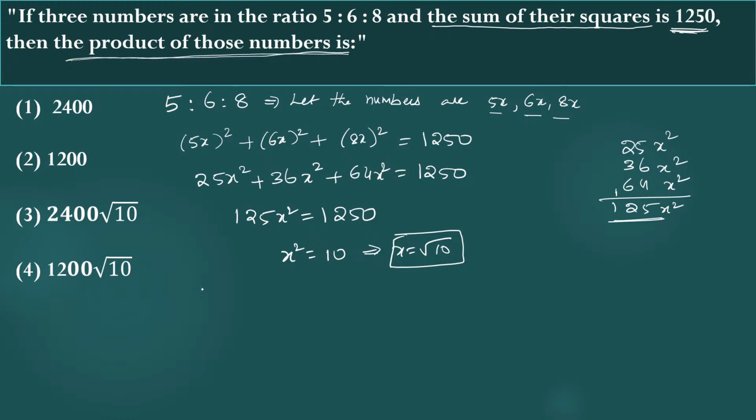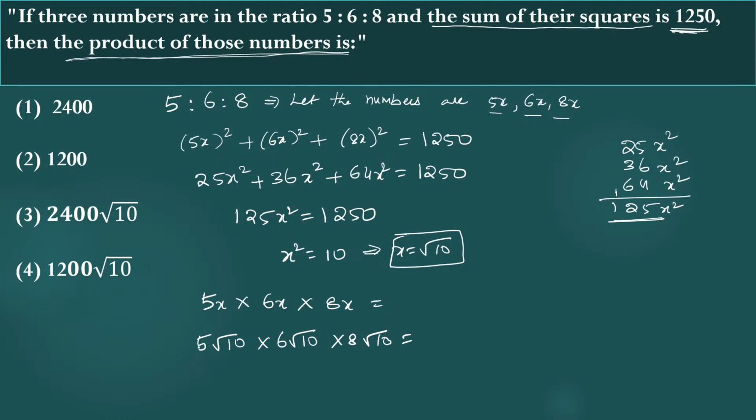So we need to find the product of 5x, 6x and 8x. Here 5x is equal to 5 root 10, 6x is 6 root 10, and 8x is 8 root 10.